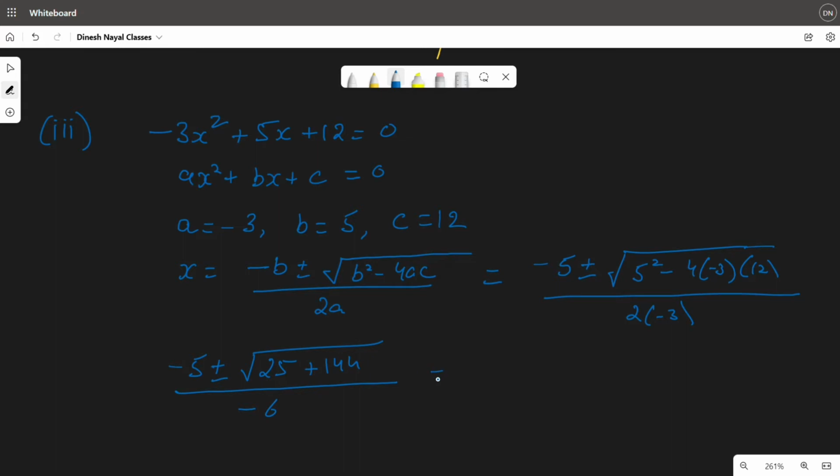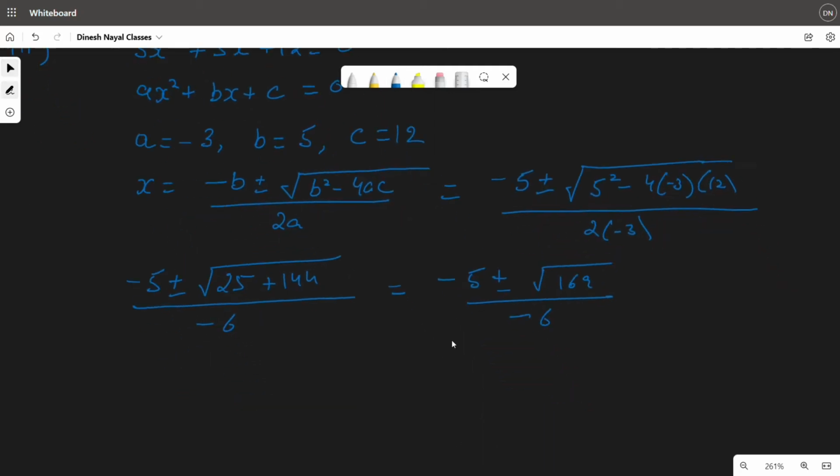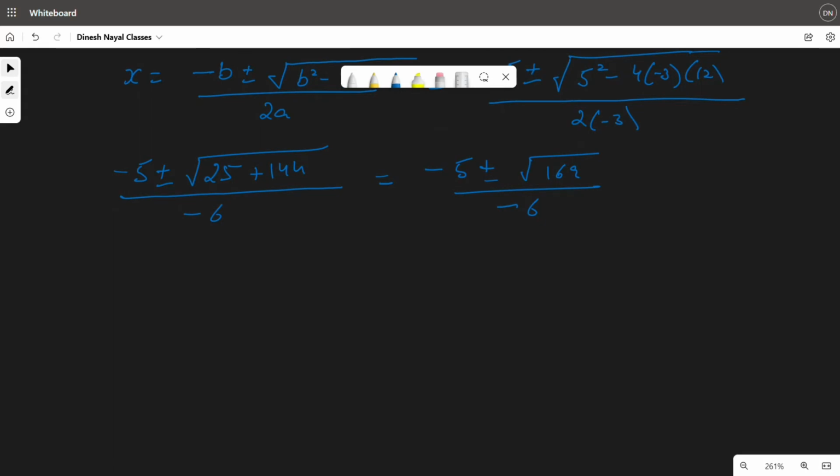So this equals minus 5 plus minus under root of 25 plus 144, which is actually 169. And we know that under root of 169 is actually 13. Now solving it further, this will be minus 5 plus minus 13 by minus 6.